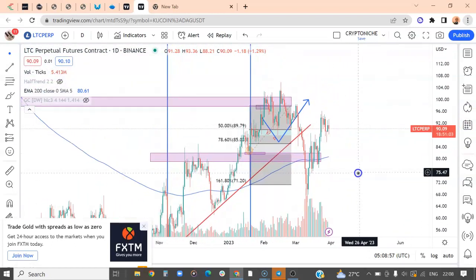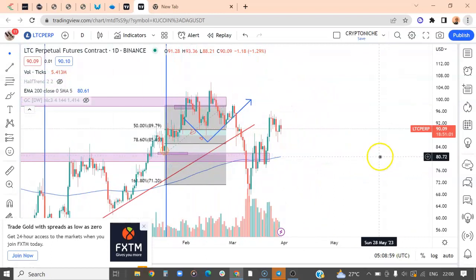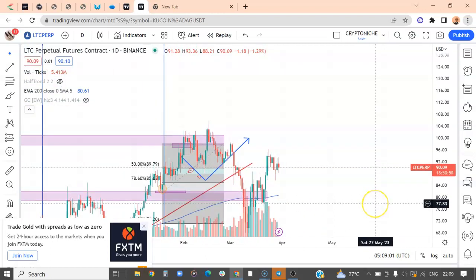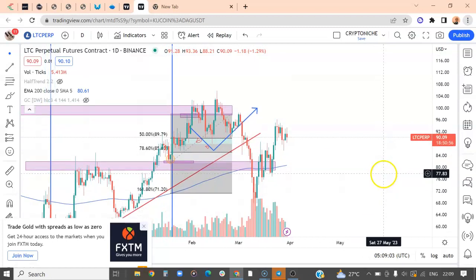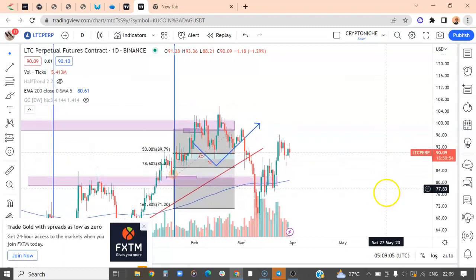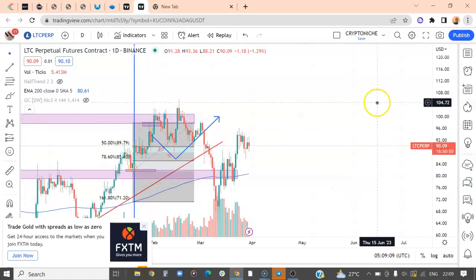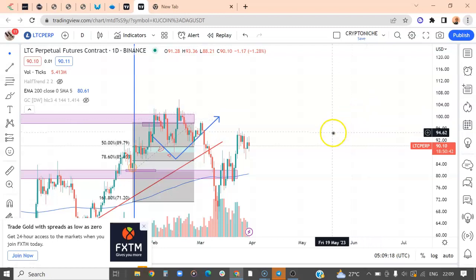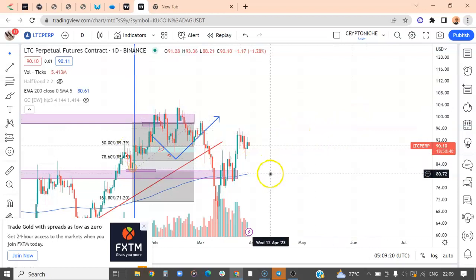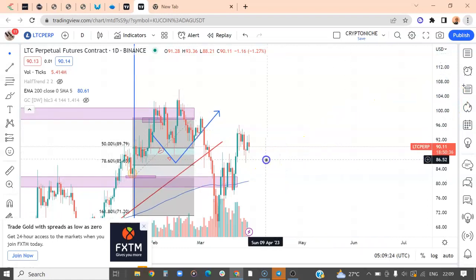My prediction is that before the halving takes place, there is a high chance that Litecoin will hit that $130 per Litecoin before it starts going back again.